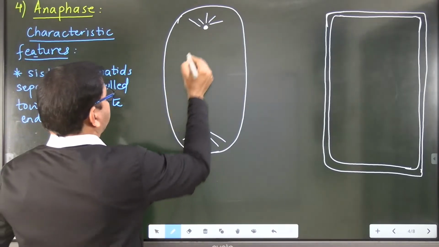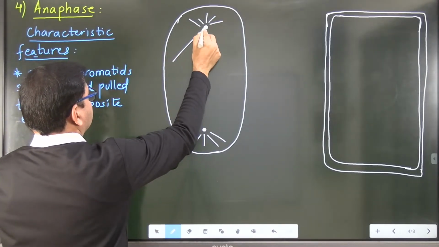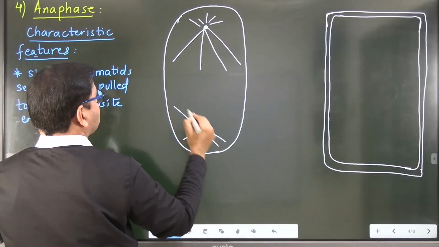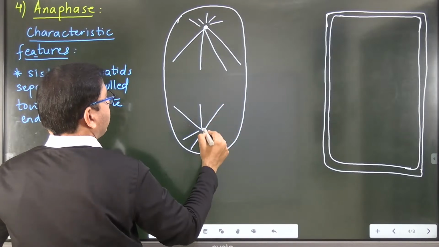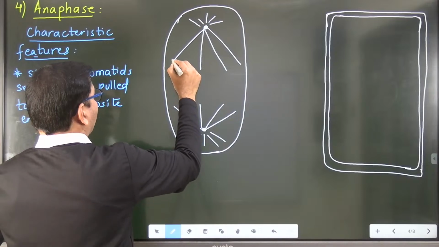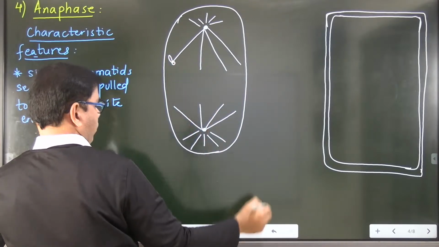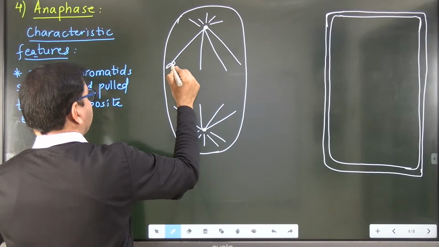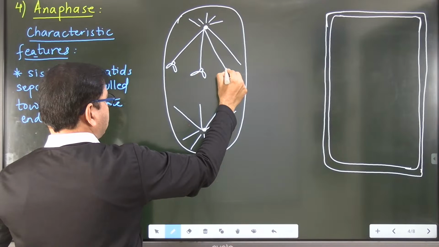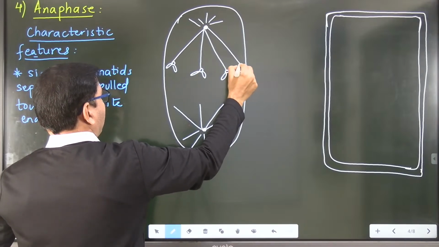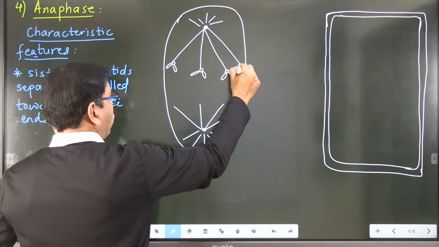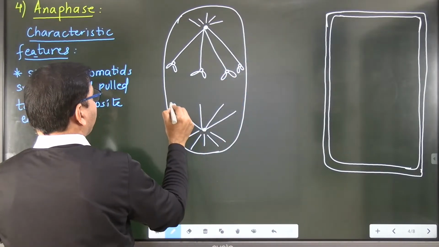Okay, now see 1, 2, 3, 4 spindle fibers. Okay, here also 1, 2, 3, 4. First draw spindle fibers. This will be easier for you. Then draw chromosomes. Pulled towards the opposite end. First draw spindle fibers, then chromosome, sister chromatids. Okay, these are sister chromatids and not chromosomes. Pull towards the opposite end.